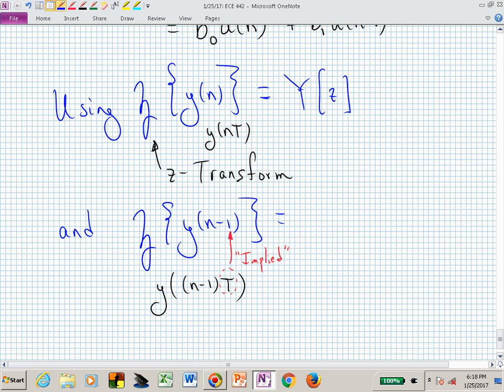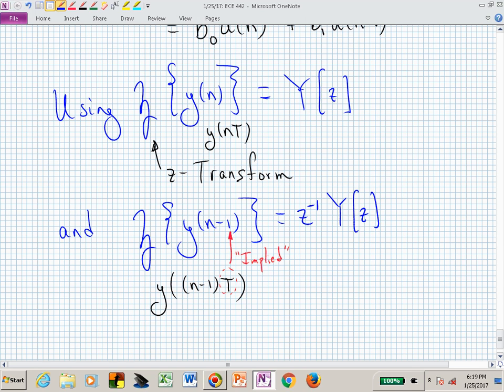Z to the minus 1, right? That's a 1 period sample delay. This now can be Z to the minus 1, capital Y of Z.